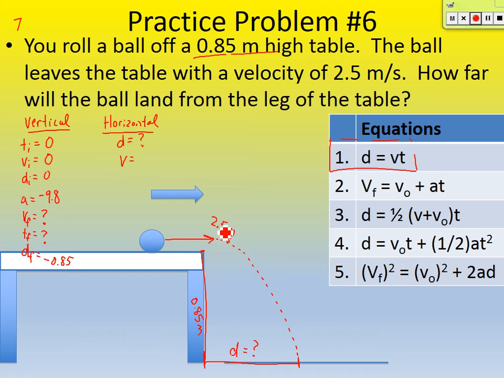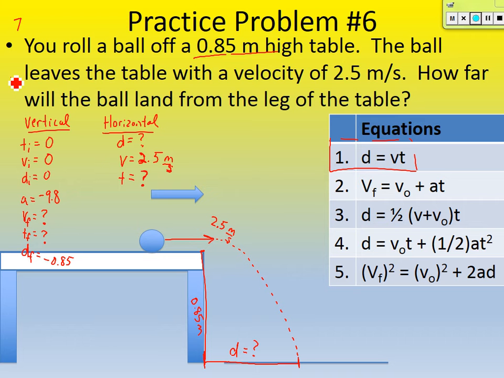Yeah. It told us that it left the table at 2.5 meters per second. And do we know time, that it's in the air horizontally? We don't. So I'm going to put a question mark there. Okay, so there are all of the variables that you need to list for these problems.